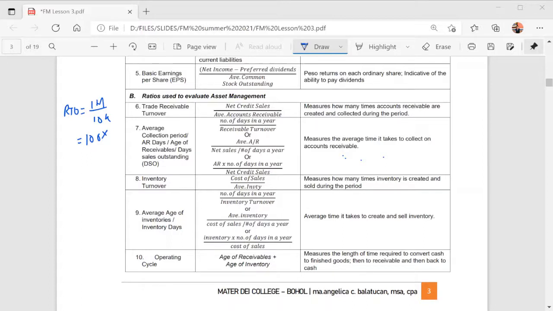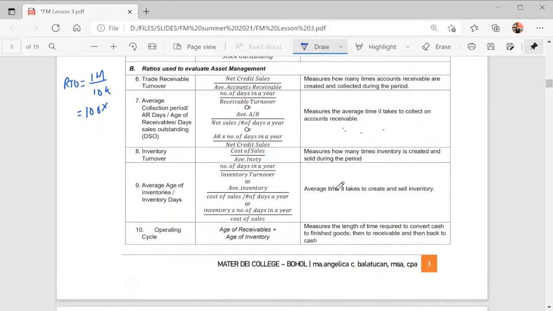This means that you can sell only 12 times a year, 'di ba? So the shorter the period to complete or to make your inventory, that would be the better.